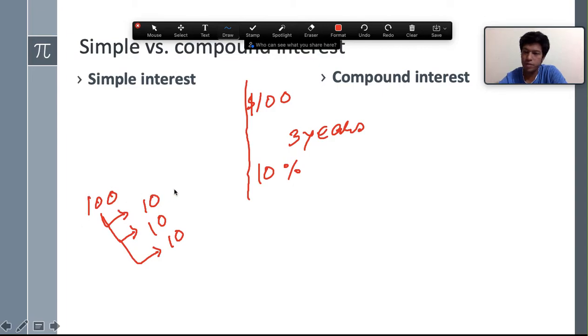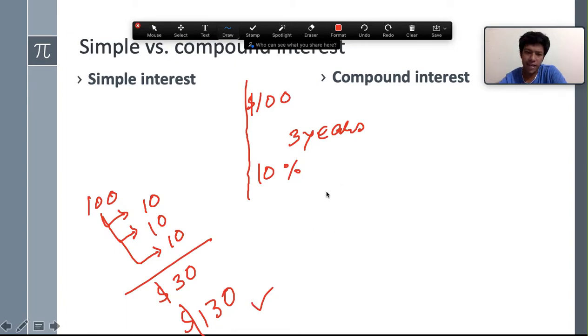So they will give you a total of $30 extra, which means by the end of 3 years, you will receive $130.